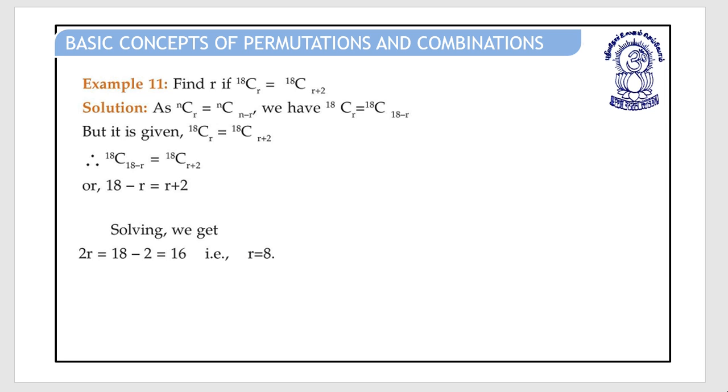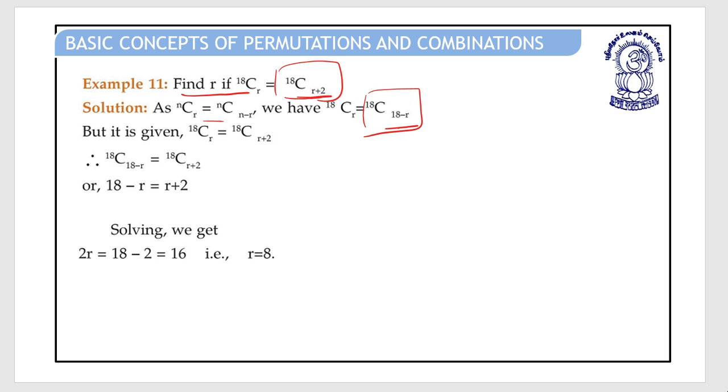Now, example 11. Find r if 18Cr is equal to 18C(r plus 2). nCr is equal to nC(n minus r). So here 18Cr is equal to 18C(18 minus r). Now compare this and this.